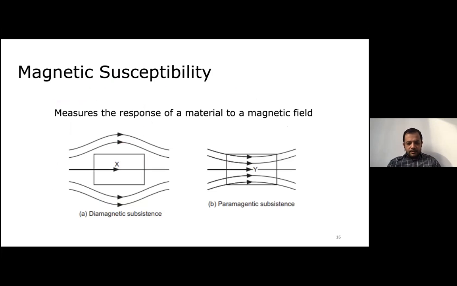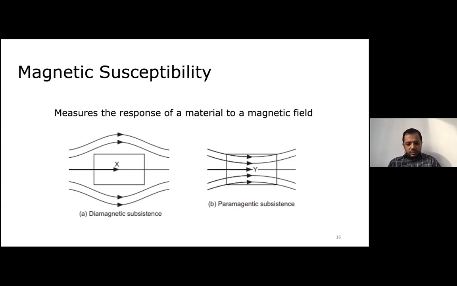With that, we can define magnetic susceptibility, which is the answer to how a material behaves in an external magnetic field. Basically, we're asking, how does this material behave in an external magnetic field? And that would be the susceptibility of that material.